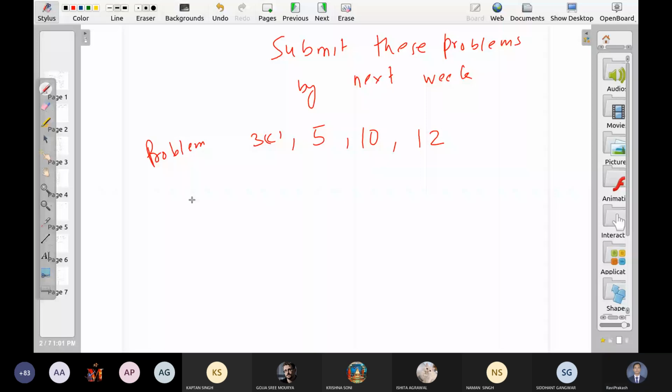And take photo of these 4 problems, make one PDF file, and please upload it in the assignment section. I will create one assignment for the same purpose. You can upload it there. Okay. So upload the soft copy of this all 4 problems only, and keep solution of other problems in your notebook for your help during the exam.